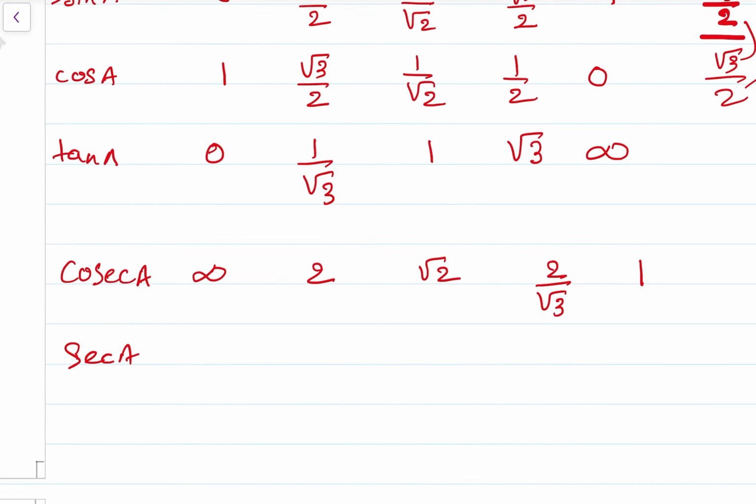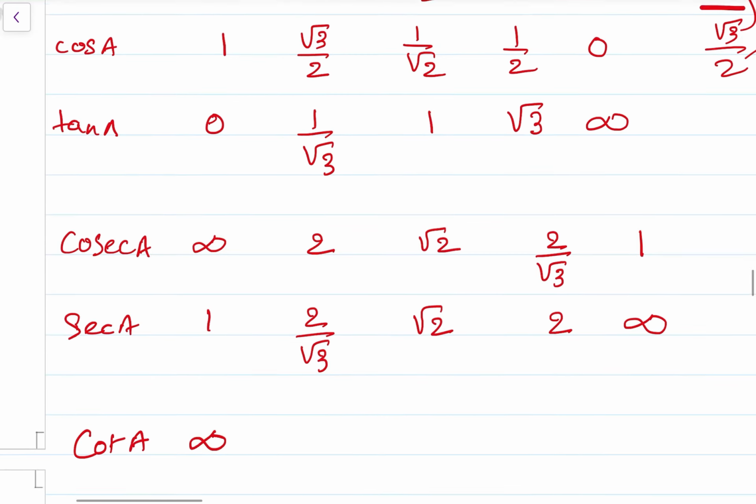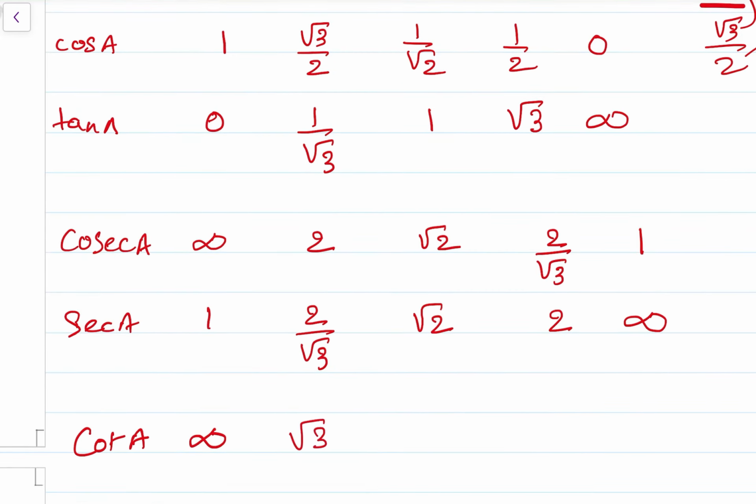That is 1, then 2 upon root 3, root 2, and 2 and undefined. And cot A is reciprocal of tan. So undefined, root 3, 1, 1 upon root 3 and 0.